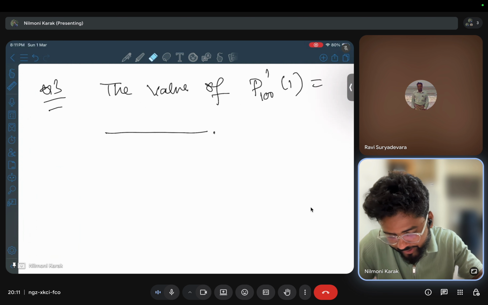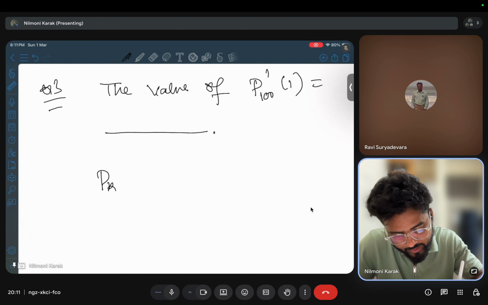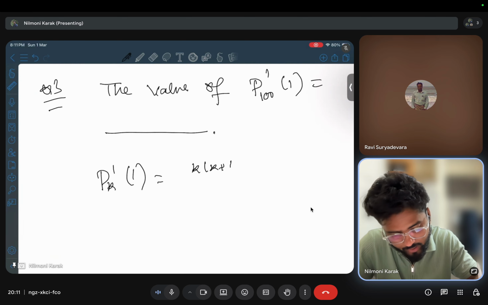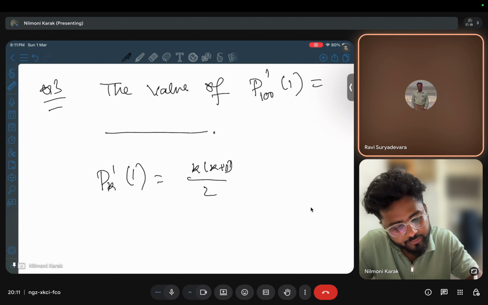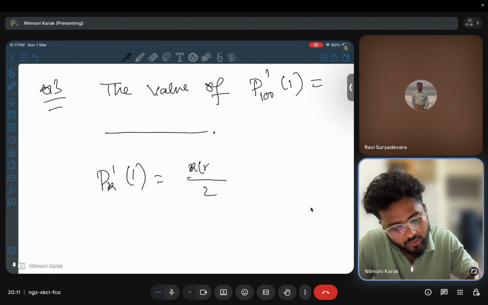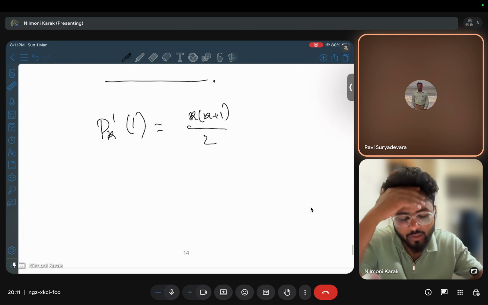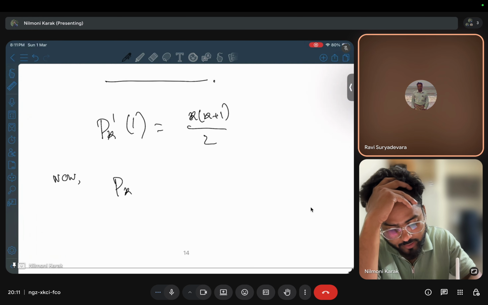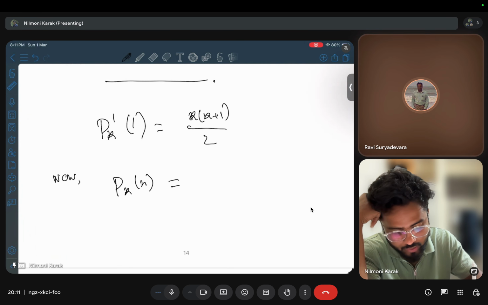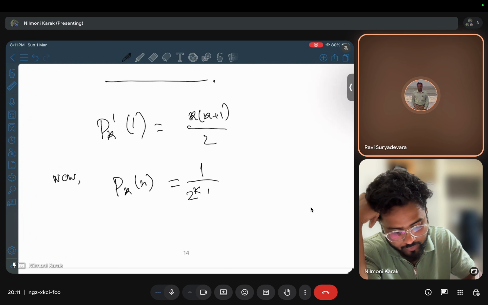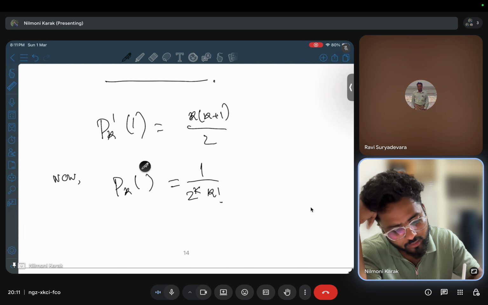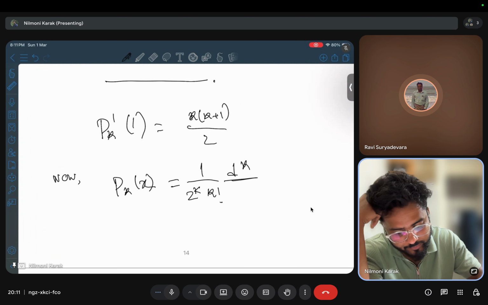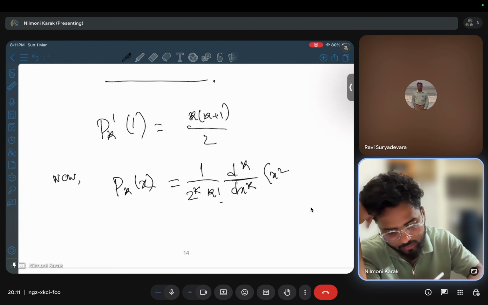Yeah, the properties were like Pk dash 1, this is k plus 1 by 2. But how? That is what we have to see. Pk(x) equals, I am writing the formula again and again.